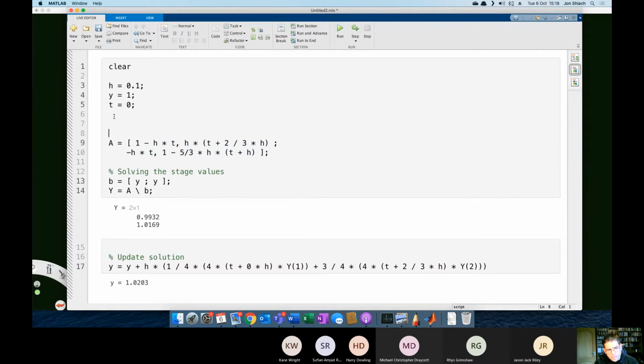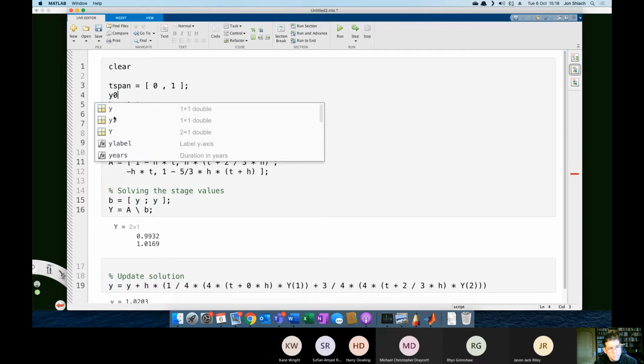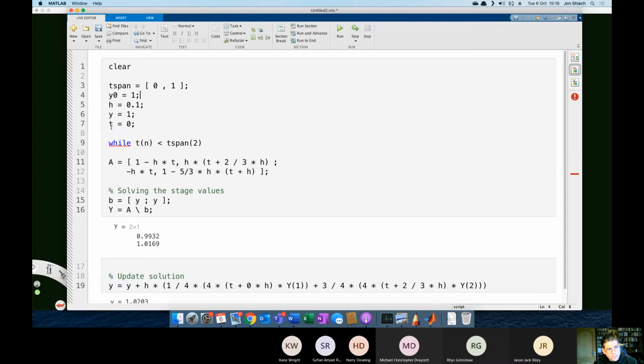I'm going to have a while loop: while tn is less than tspan 2. So I've got to define what tspan is, and that's going to be our domain. Our initial value was 1.